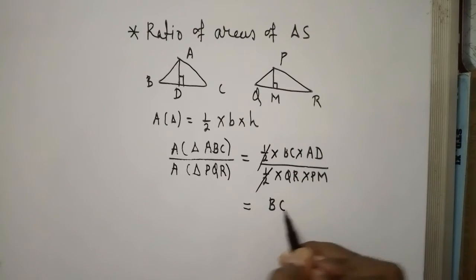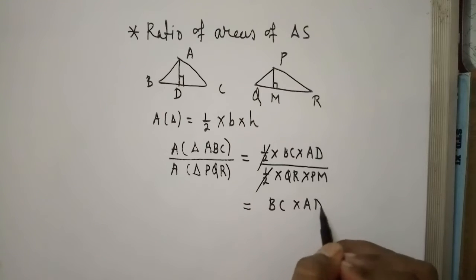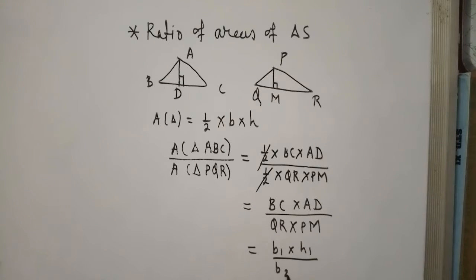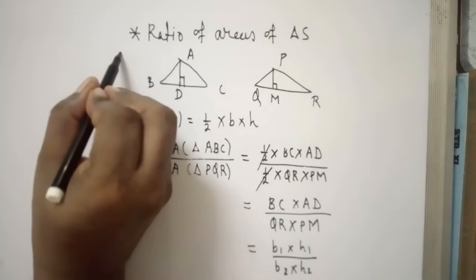That is BC into AD upon QR into PM, which means we are getting base 1 into height 1 upon base 2 into height 2, right? This is for any two triangles. This was the first case.